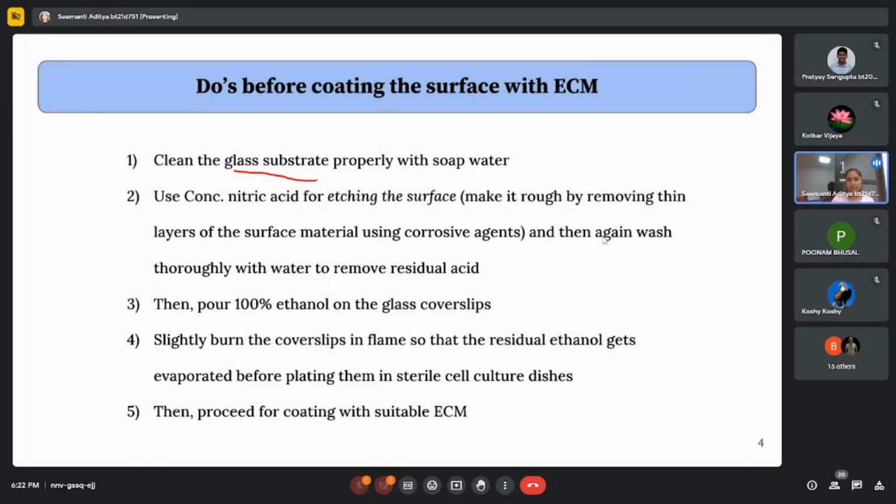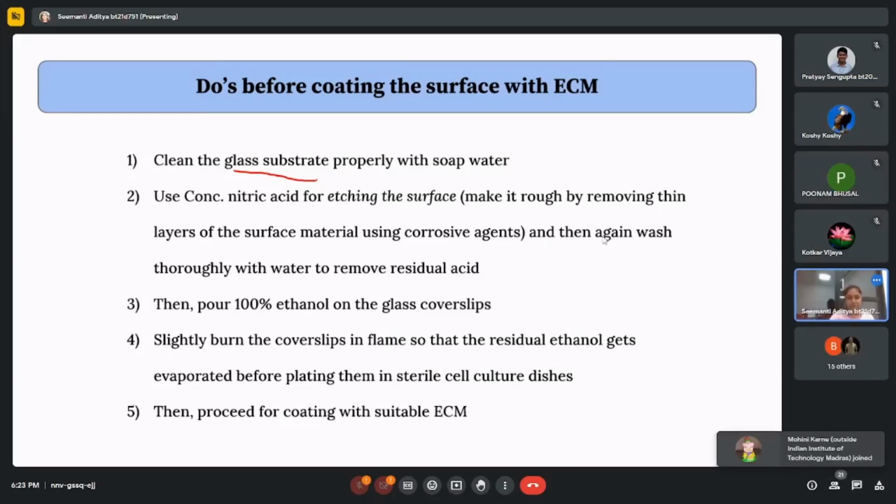Like I was discussing in the previous class, some cells are very loosely attached to the substratum that the company provides. For those cells we need to coat it, and otherwise, if the cells are growing fine in the pre-coated dishes, it is good to go, and we don't need any extra coating.